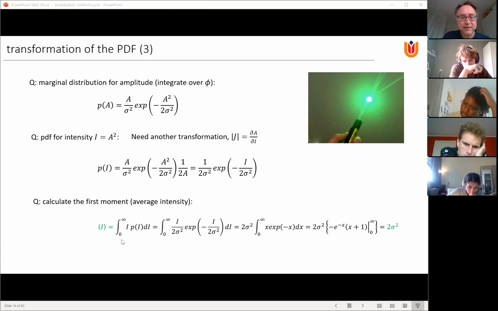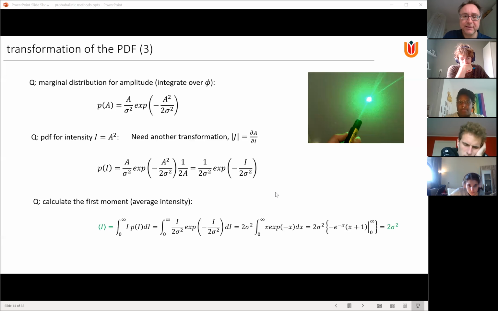So we can perform this integration, make some variable substitutions here, and then in the end get the result here. The average intensity given by this PDF is given by 2 times sigma squared, and not coincidentally, that is the same 2 sigma squared that is also present here.